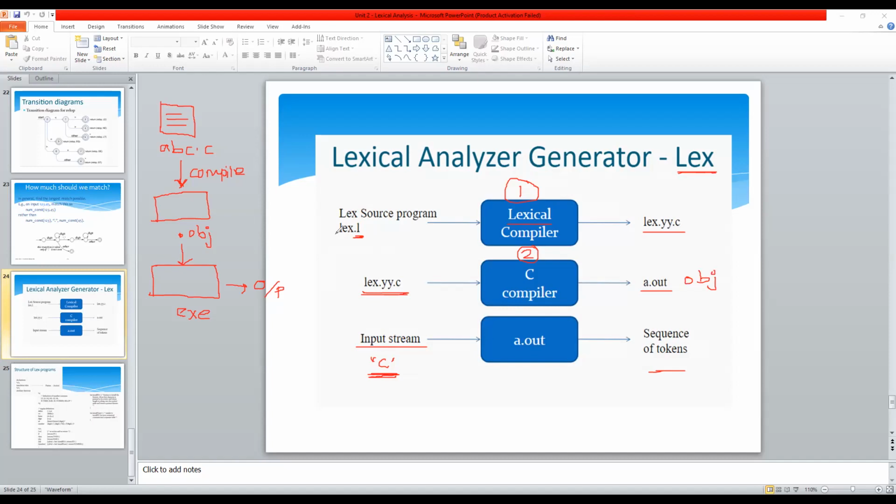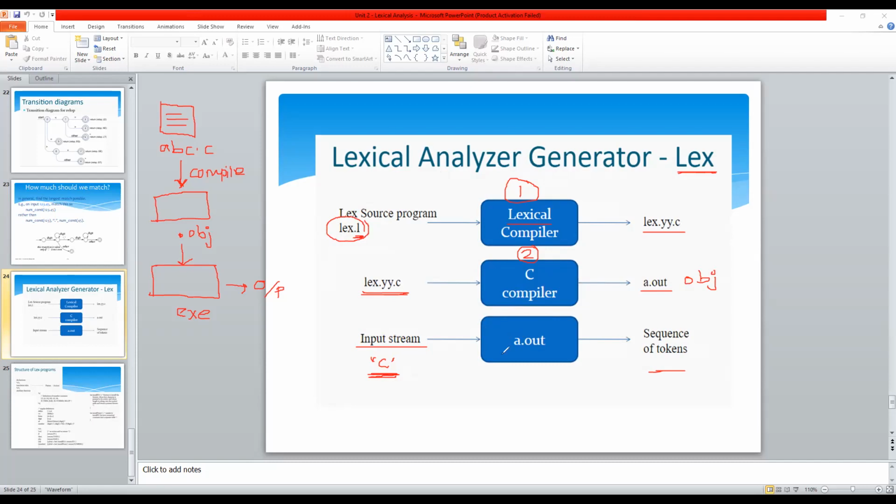Once the .c file is with me, I can compile it again with the C compiler so that the object code is generated. So a.out is always the object code generated. Once you provide the input to that a.out, the tokens are generated from the input stream provided. So this is the whole procedure of the lexical analyzer generator. Now what to write in this lex.l, that we will see.